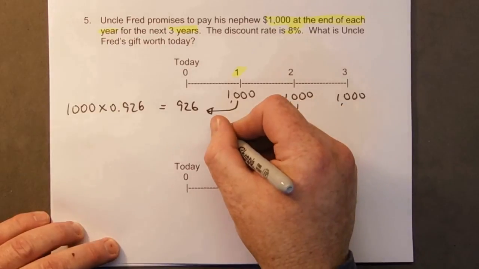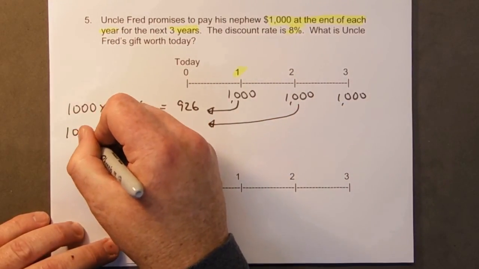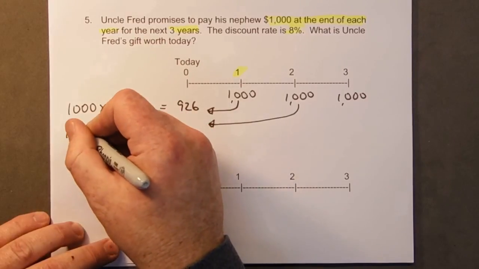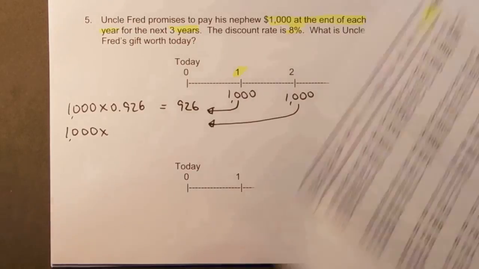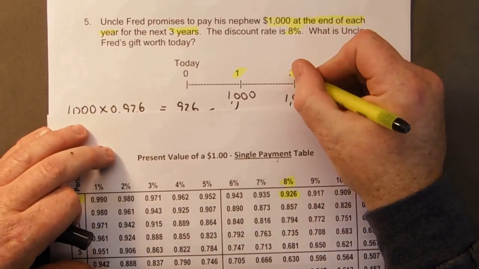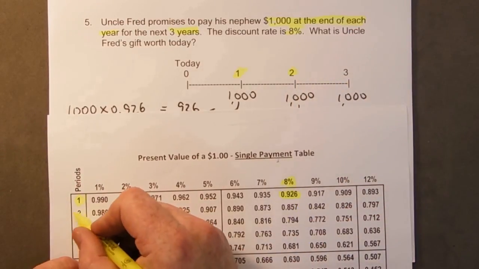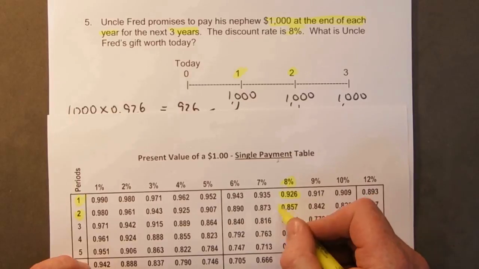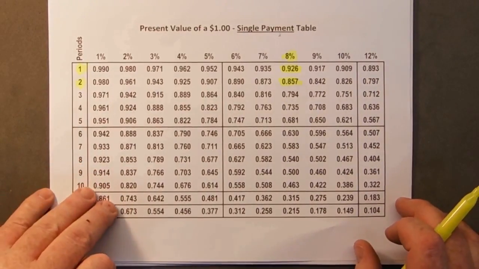Do the same thing with the second one. Now remember, this is going out for two periods. So now we're going to come down here, and those dollars are going to be worth 0.857.